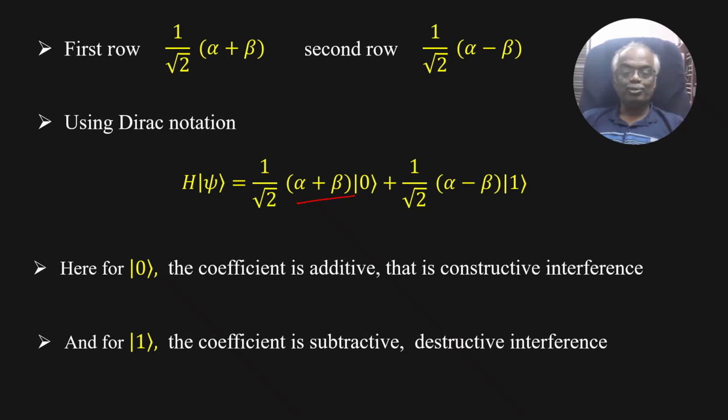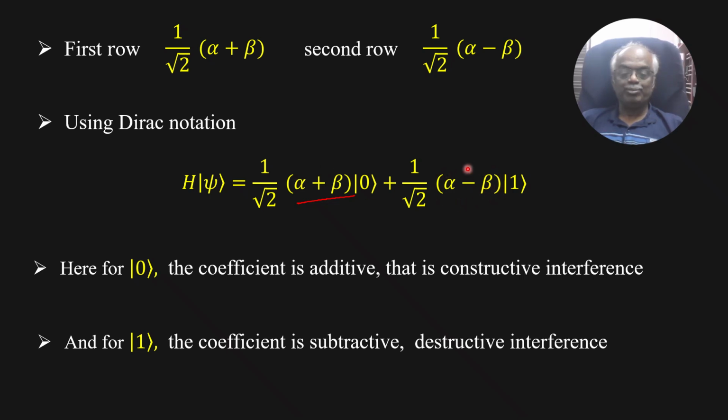And what about the next one? That is ket 1. This is alpha minus beta. That coefficient is subtractive. From this you can infer it is a destructive interference. So in the wave pattern you can see this is the constructive, this will add up.